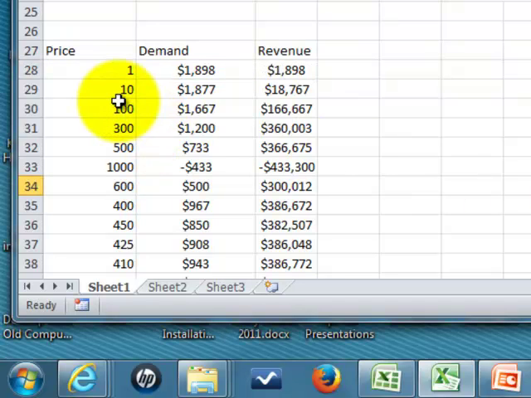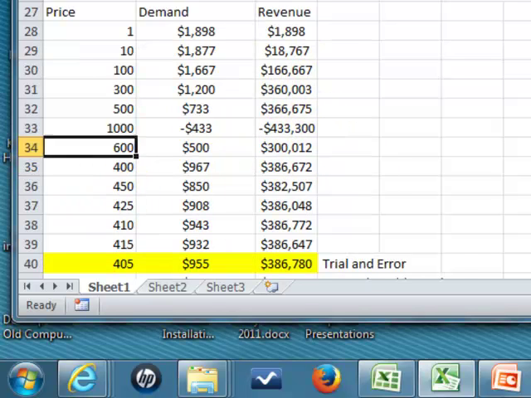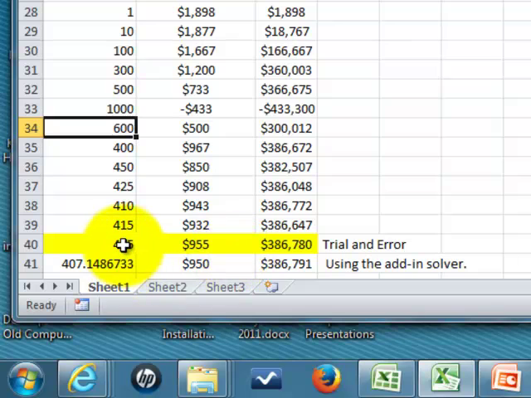So I then just sort of put in at random some numbers, and you can see somewhere in here between 300 and 500 and below 1,000, we are going to maximize our revenue. So I just played around with trial and error, and I came up with around 405. I think the book says 425 or the example you have. It just depends how many trials and errors you do.